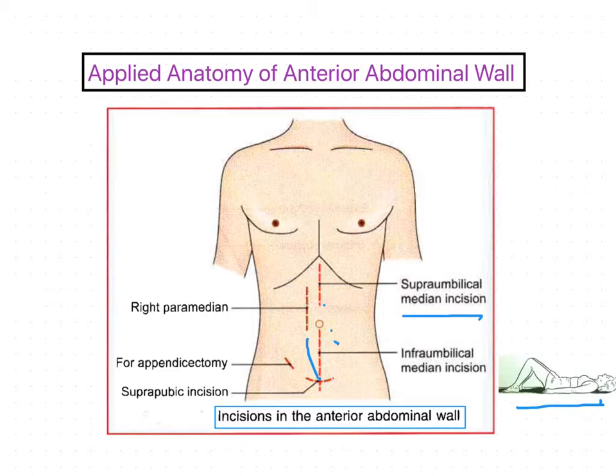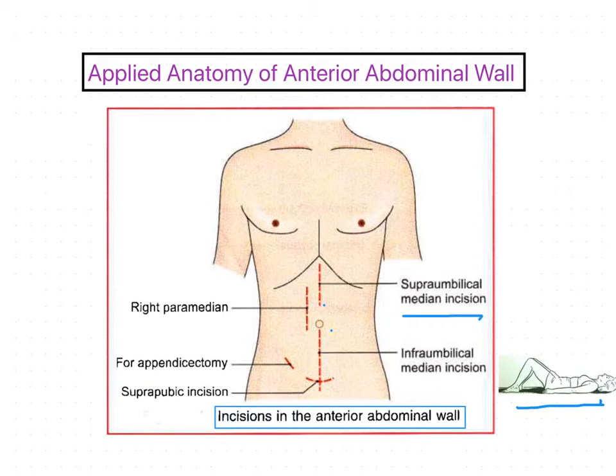The rectus abdominis muscle is like this, meaning there is close approximation of the recti at this area, which prevents the formation of any ventral hernia.